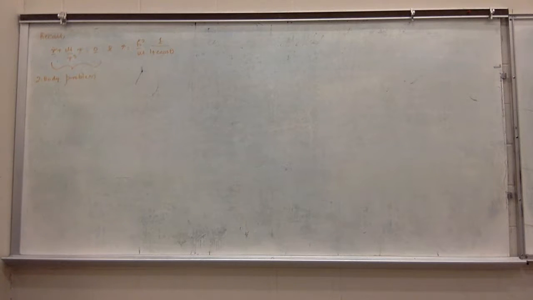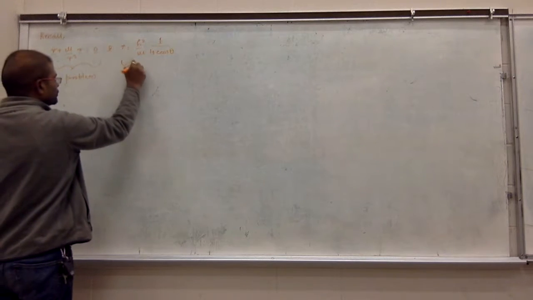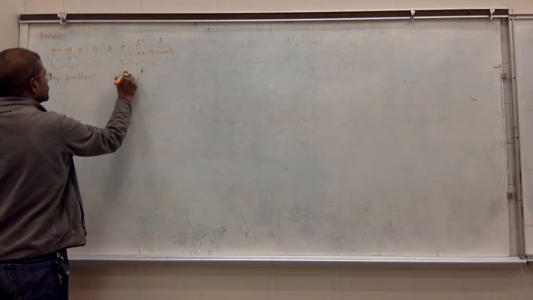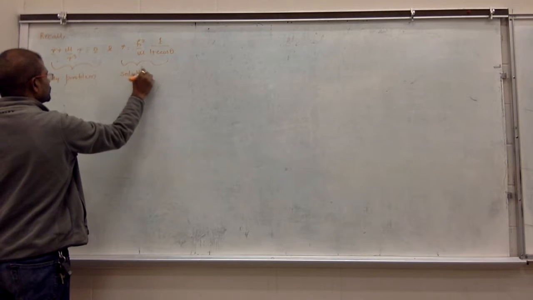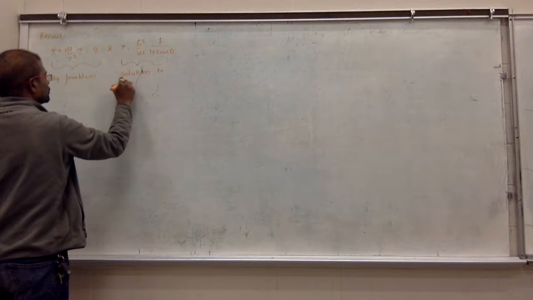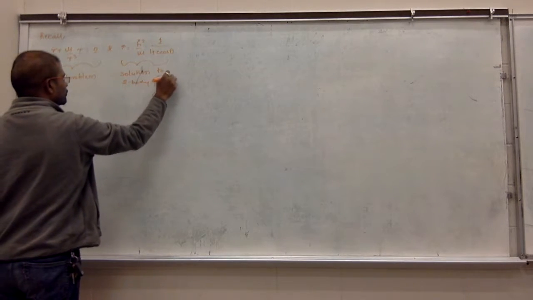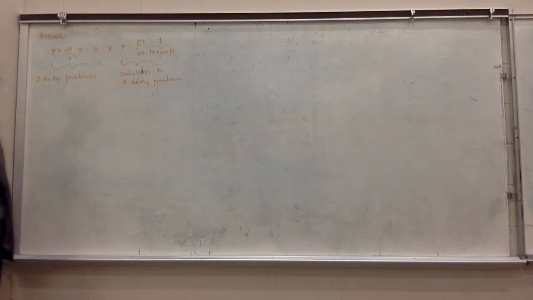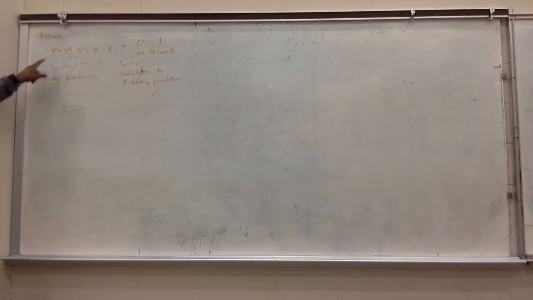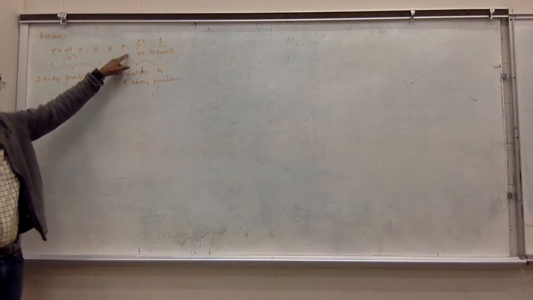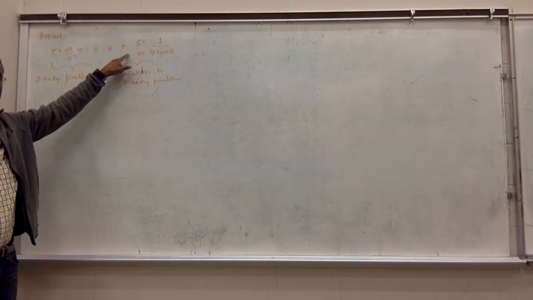And when we looked at the solution, this was a solution to the two-body problem. As I mentioned to you, the problem is expressed as a second order nonlinear differential equation, and the solution is an algebraic solution in true anomaly.